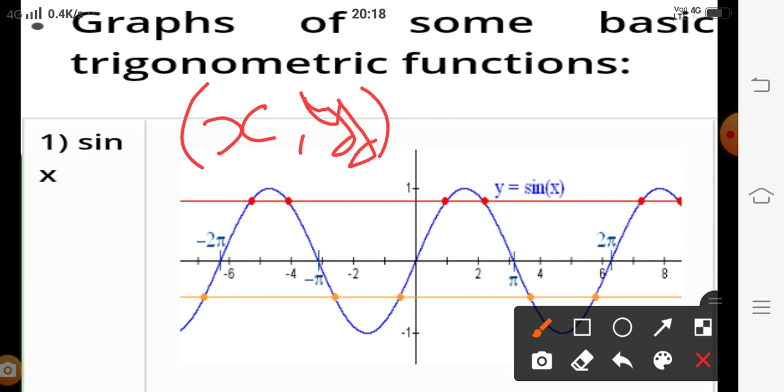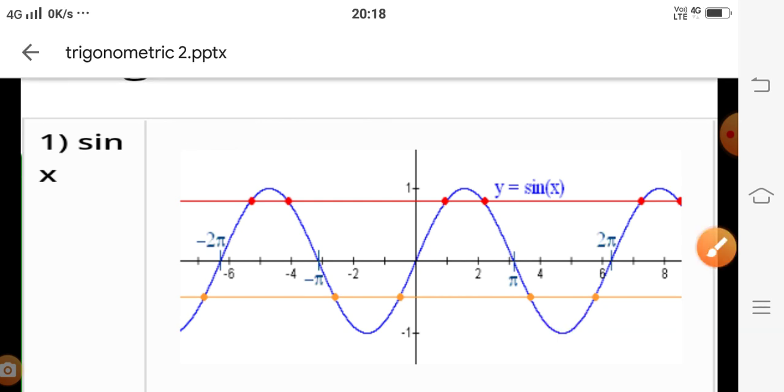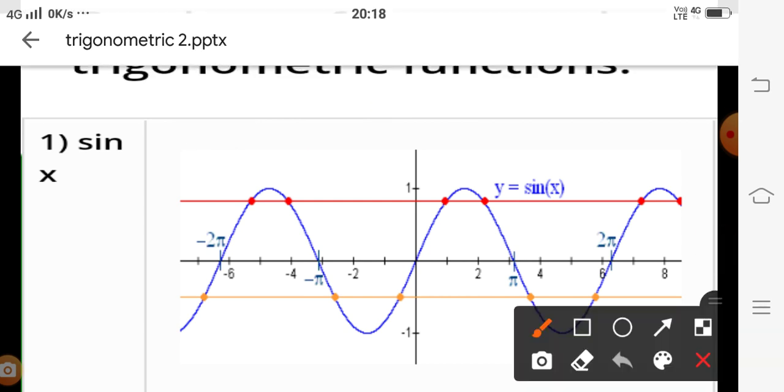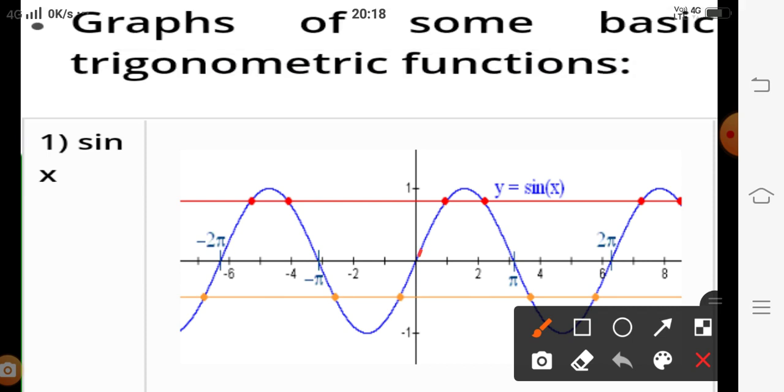The value of x is called the domain, and the value of y that we get is called the range of the function. Then how will you plot the graph? Get the point xy, and if you plot these, you get the graph of sin x like this, and you observe that it increases from 0 to 1, and then it decreases.